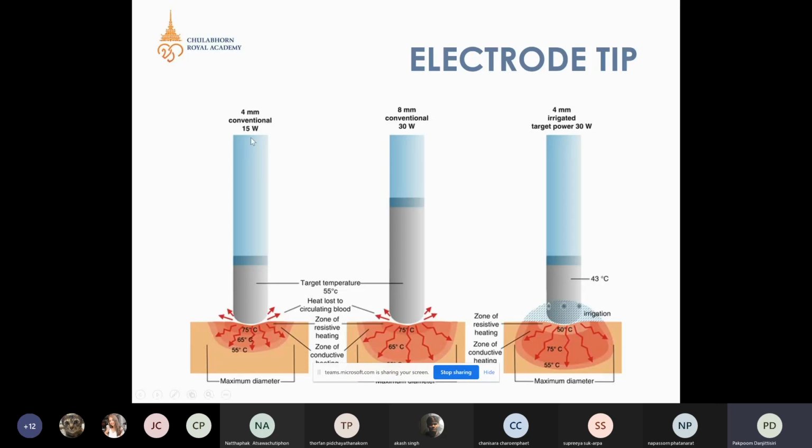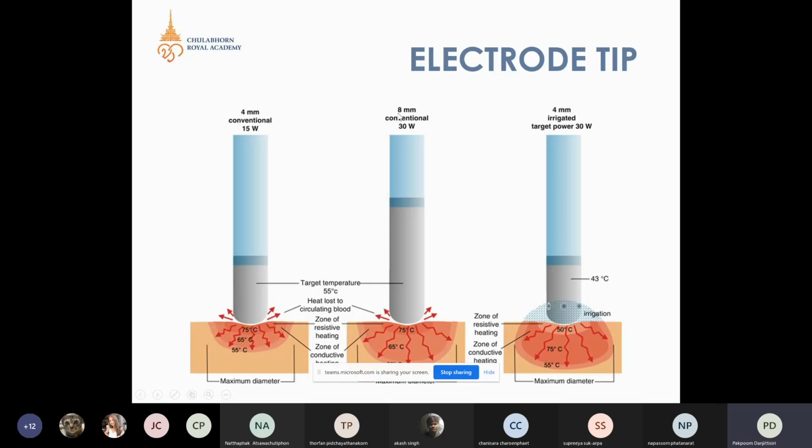You see that if the target temperature the doctor wants to set up is 55 degrees Celsius, the 4 millimeter can provide just 15 watts to that tissue until the temperature of the catheter increases up to 55.